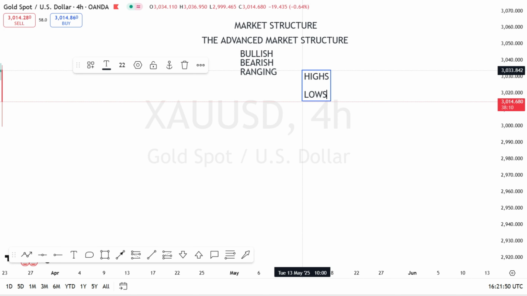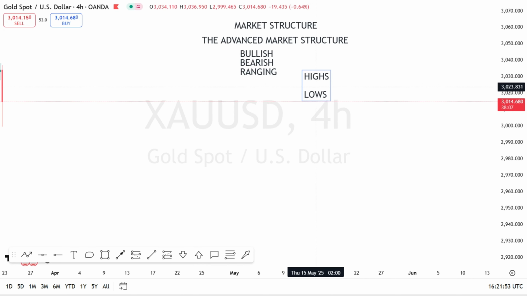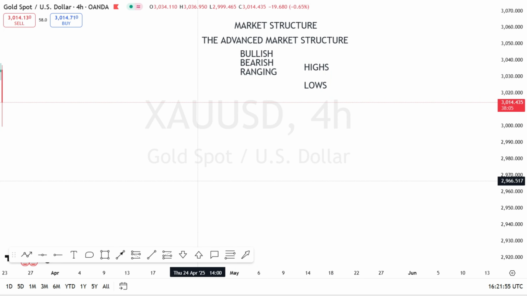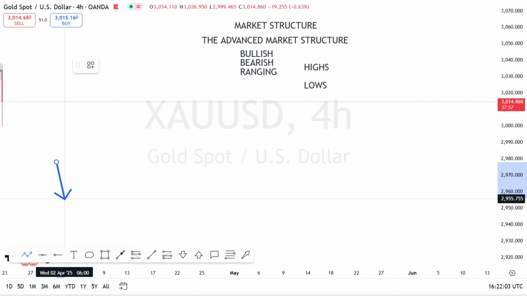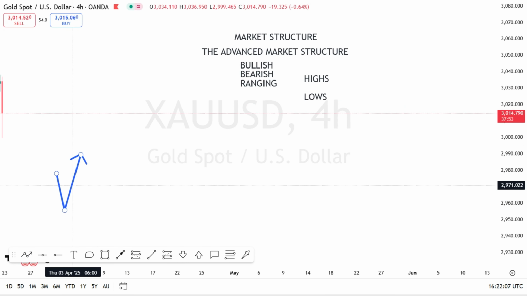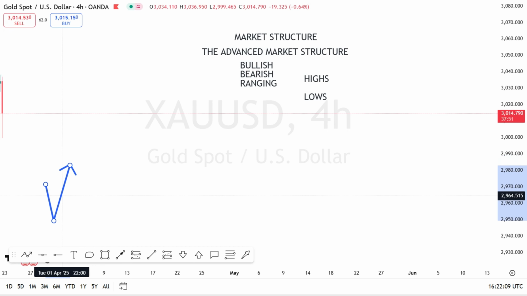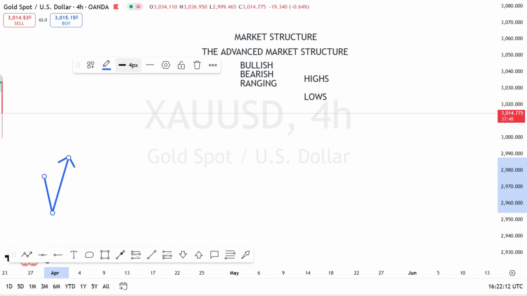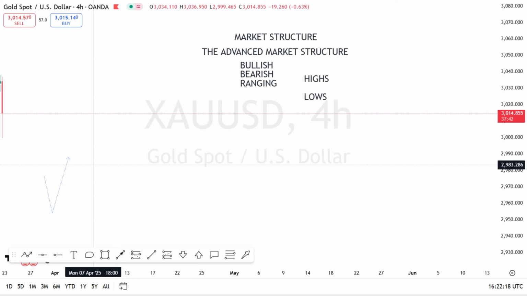All right. So with the bullish market, it first makes this move.